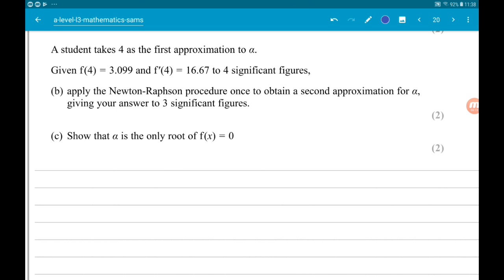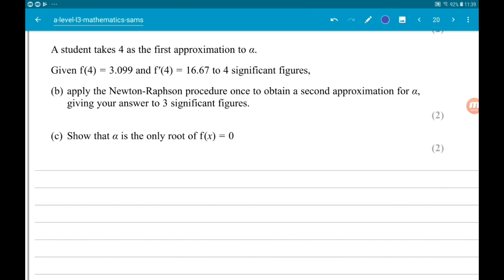Given that f of 4 is 3.099 and f dashed 4 is 16.67 to 4 sig figs, part B wants us to apply the Newton-Raphson procedure once to obtain a second approximation for alpha, giving your answer to 3 sig figs.